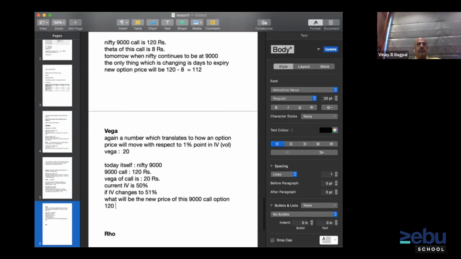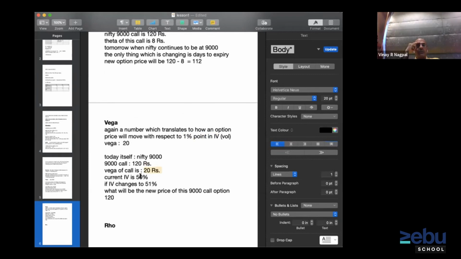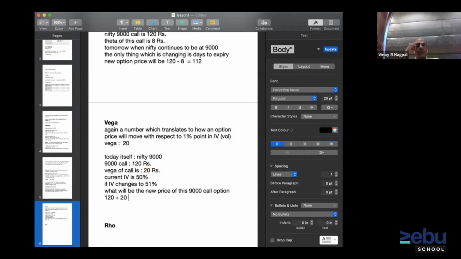The IV has increased from 50 to 51, and I have said that 1 percentage point in IV can be represented by this Vega number. So the Vega is 20 rupees. So now as IV increases from 50 to 51, the new option price will be 120 plus 20, equal to 140.